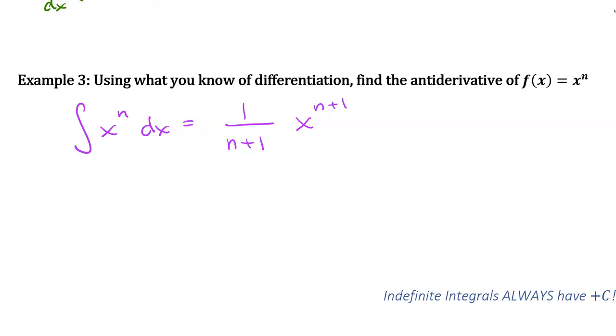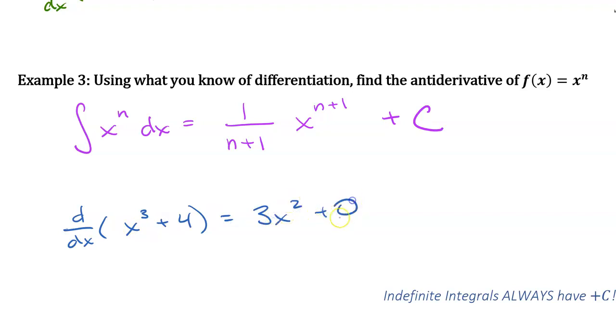And the last thing is something I haven't mentioned yet, and it's that every single time of these we're going to be adding plus c. And the reason for that is if you're finding the derivative, well, the derivative of any constant, let's say we had x cubed plus 4, well, that'd be 3x squared and then plus 0.